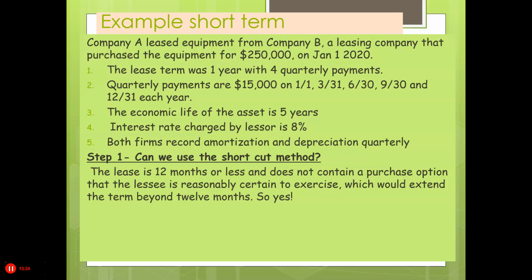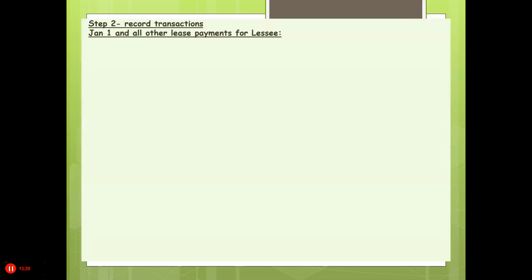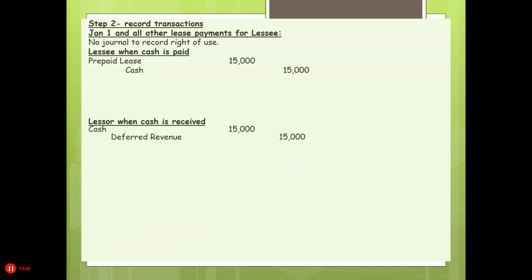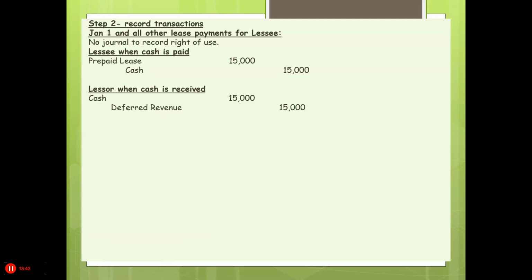So now let's take a look at our entries. On January 1st and all other lease payments for the lessee, no journal entry to record right-of-use. When the lessee pays the cash, it's going to be prepaid lease, cash. The lessor is going to have deferred revenue.